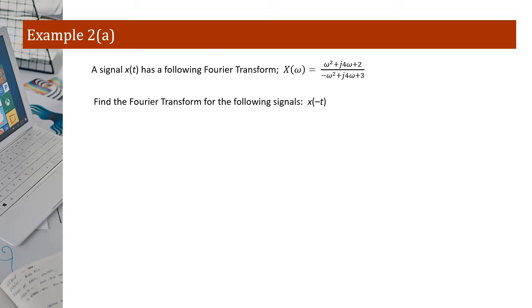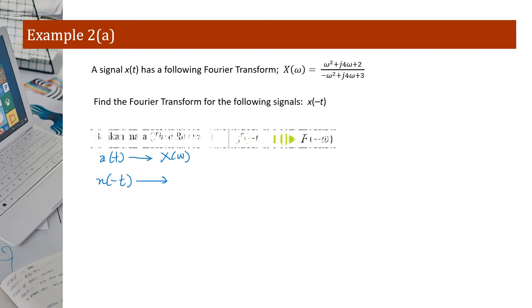Obviously if you have x(t), it will produce X(omega). So what is x(minus t) in the frequency domain? You need to refer to the Fourier transform table. If you have f(minus t), the signal in the frequency domain will be F(minus omega). So you will have X(minus omega).